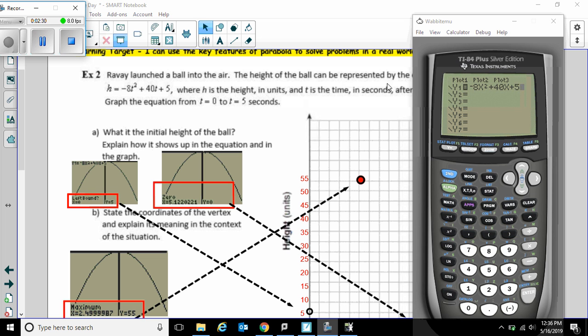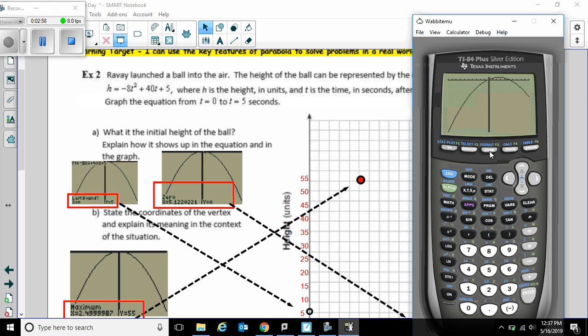Once I get this equation in my calculator and I hit graph, I have some options. Well, first option is I can make it look a little nicer. One of the things I always try to do is hit zoom 0, zoom fit, enter. And no matter what it looks like, it allows me to see everything.